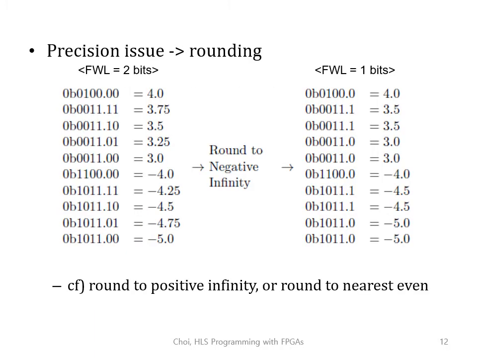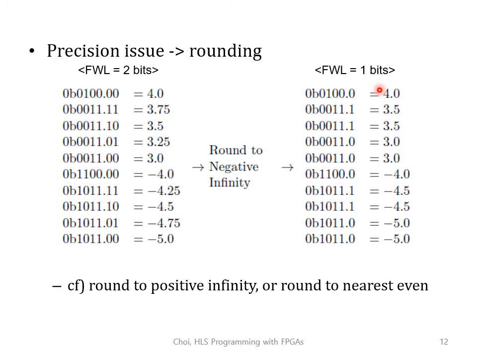The fixed point representation has a limited number of digits for the fractional part, so we sometimes need rounding. Let's think about the case where we are reducing the FWL from 2 bits to 1 bit. There are several rounding schemes you can choose.